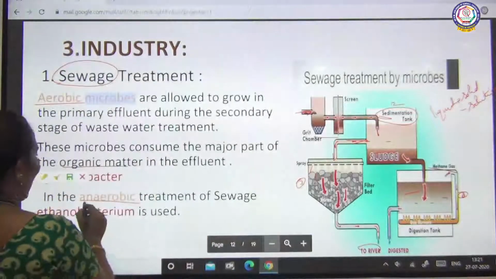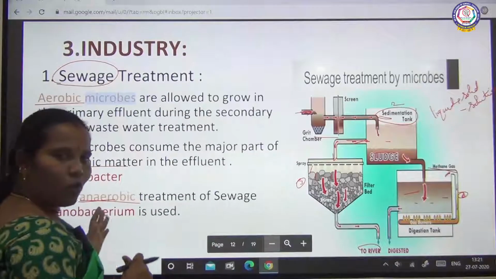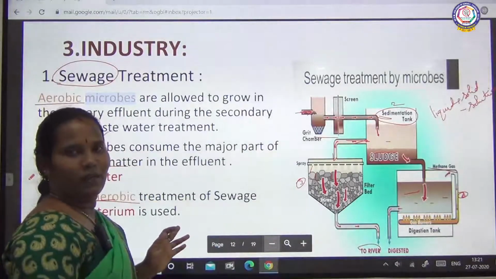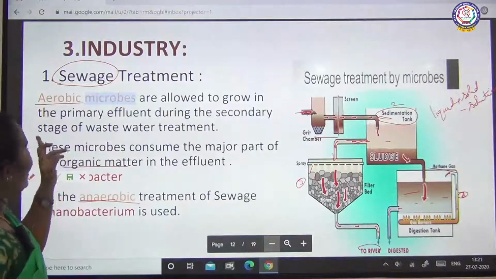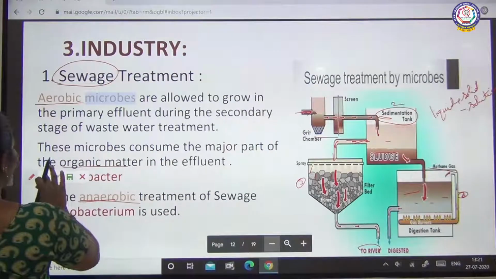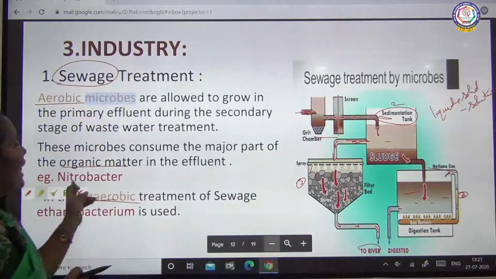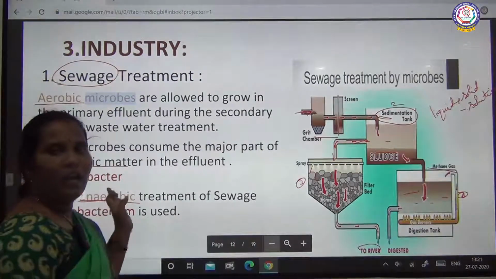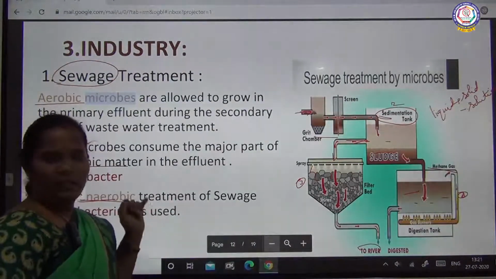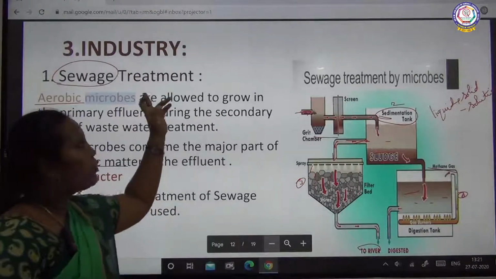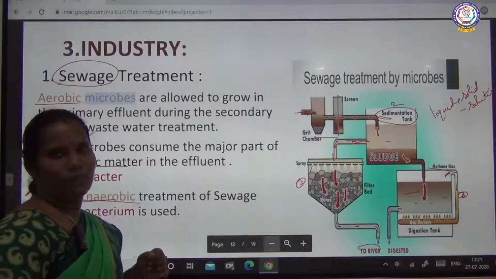Then I told you some anaerobic bacteria also, the anaerobic respiration process is also happening here. Okay. See, so aerobic respiration, for example, Nitrobacter. This bacterium is used for the aerobic respiration in the sewage treatment process.